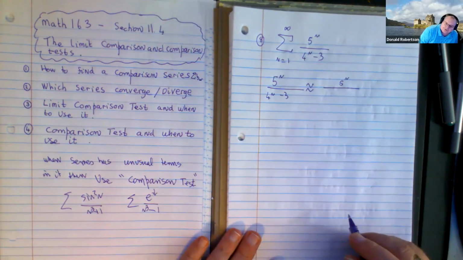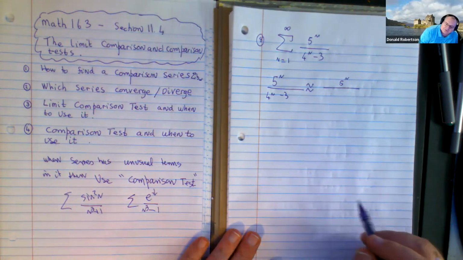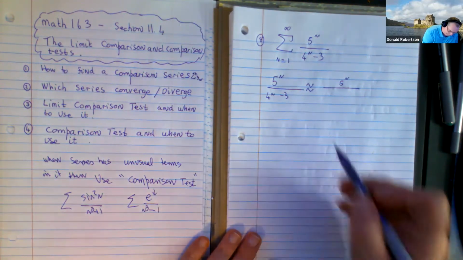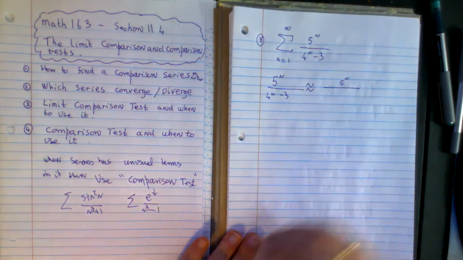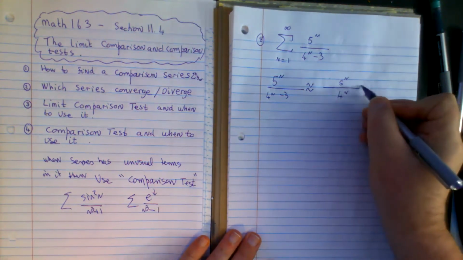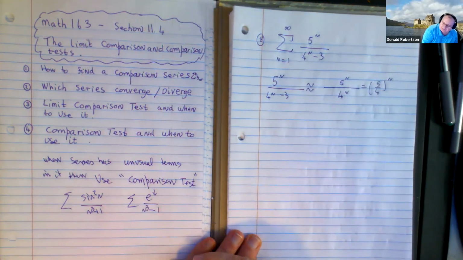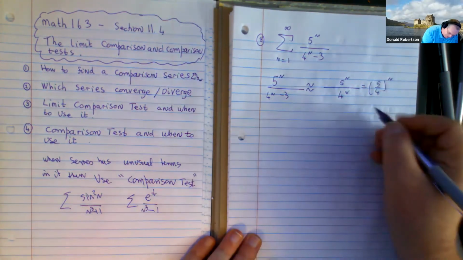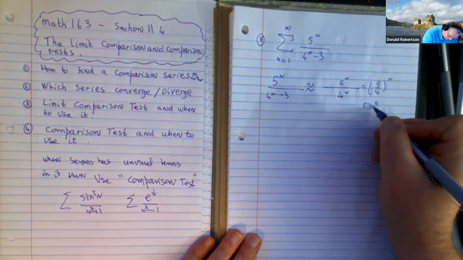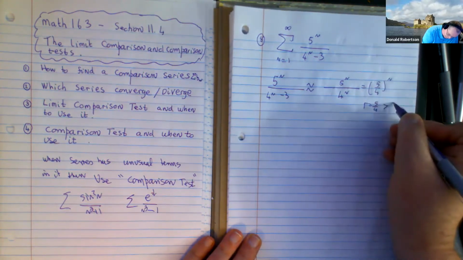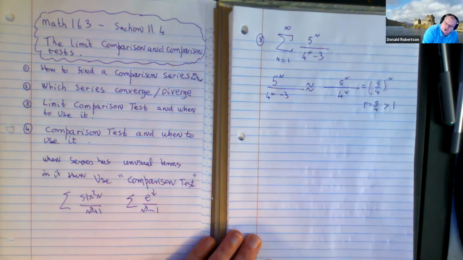What's the bottom, the denominator, going to look like when you simplify it, when you do surgery? 4 to the n. And isn't that guy, right? And the R value is 5/4, which is bigger than 1. Converges or diverges based on what I've just written.